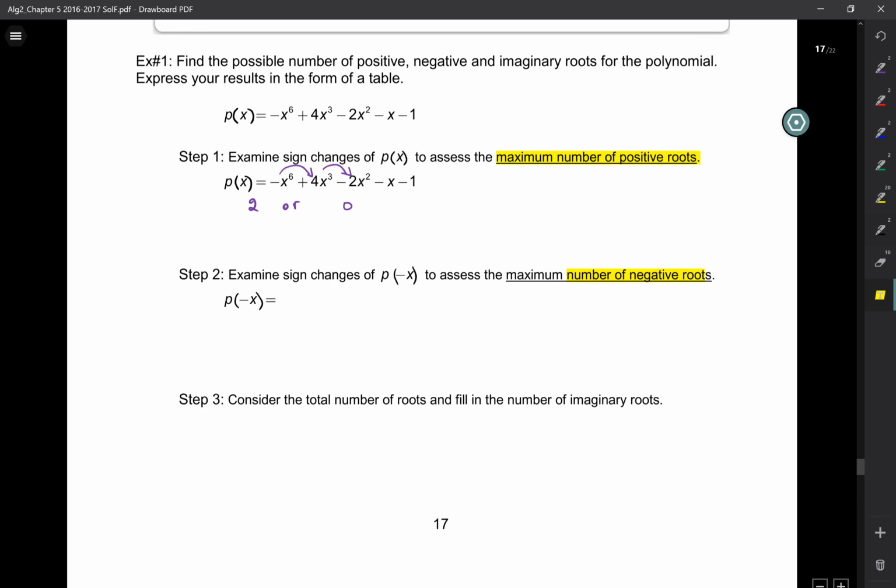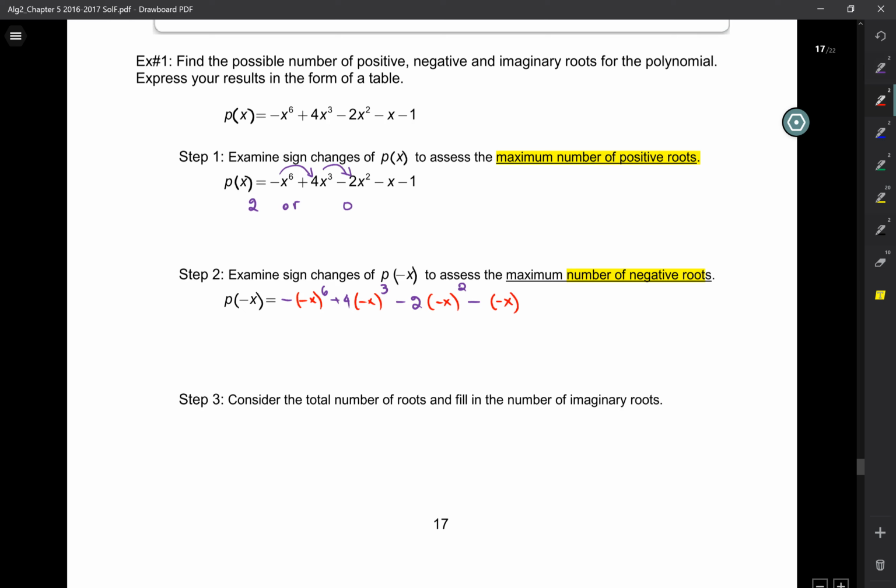Well, for that, we have to take p of negative x. What does that mean? We have to take every single x and make it a negative x. So it'll be negative negative x to the 6 plus 4 negative x to the 3 minus 2 negative x to the 2 minus negative x.